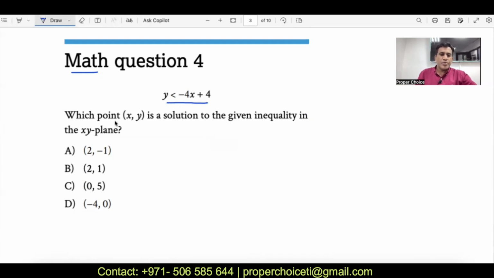So here is one of the questions where I can solve it manually and also take help of a Desmos graphing calculator. It says y is less than negative 4x plus 4, which point x comma y is a solution to the given inequality in the xy plane.